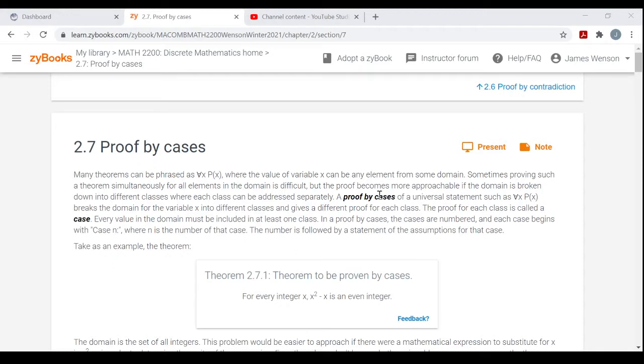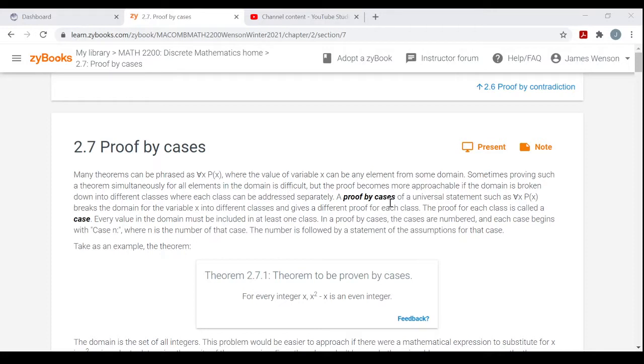A proof by cases of a universal statement such as for all x, p of x, breaks the domain for the variable x into different classes and gives a different proof for each class. So it's kind of repetitive, but you have to make sure you take into account everything from the domain.